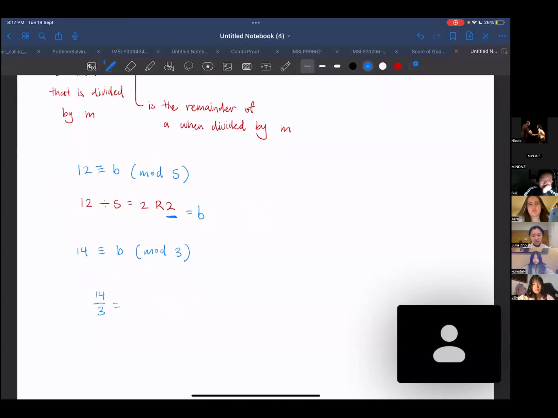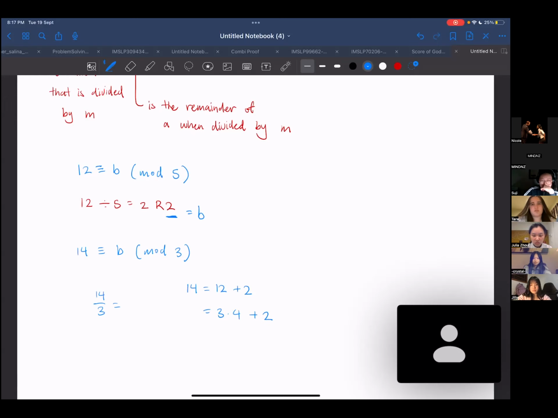So 14 divided by 3, obviously, like, well, 14 is not a multiple of 3, right? So the nearest thing would be 12. So let's just note that 14 equals to 12 plus 2, which equals to 3 times 4 plus 2.